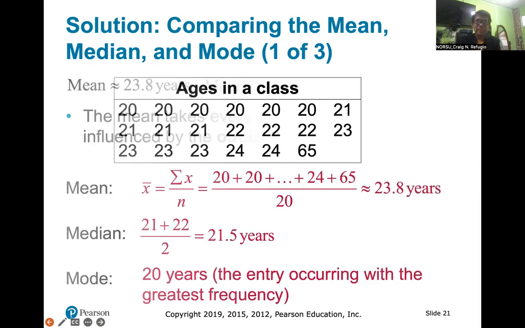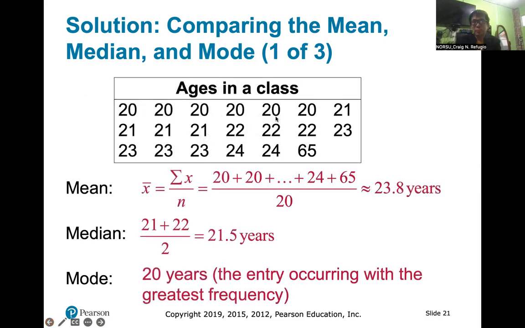If 65 is an outlier, you notice that the majority of the data are 20. You have 20 plus 20, then 20 plus, but we have 65. This 65 is classified as an outlier. Why outlier? Because it is considered a big value in comparison to the majority of the data. So we classify that one as outlier.